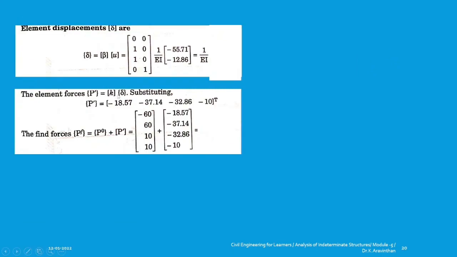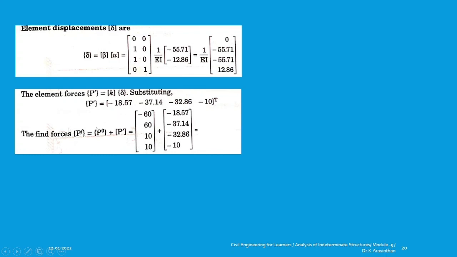So this is the del value here, so you will be getting a negative value. So this is minus of 12.86, and if you multiply these two components, you will get P dash, which will be 18.57, 37.14, 32 and minus 10.